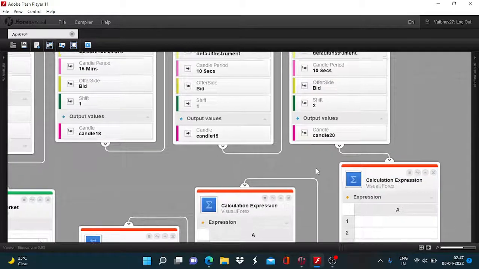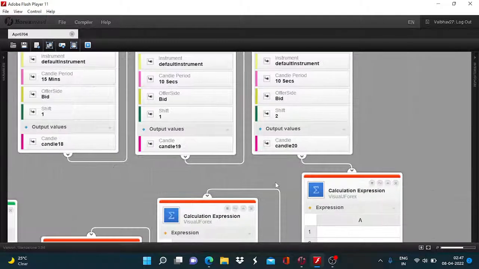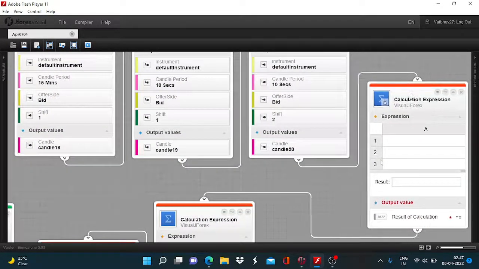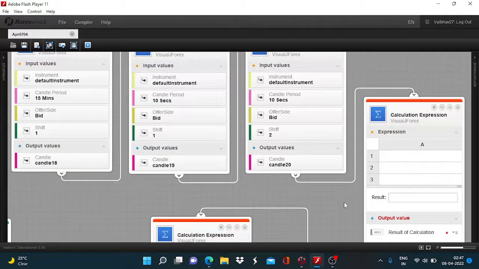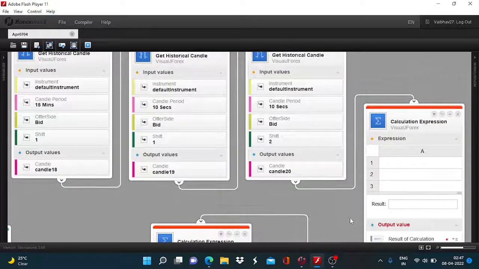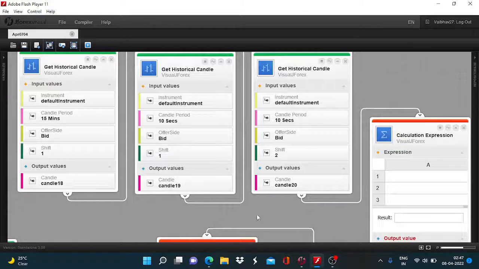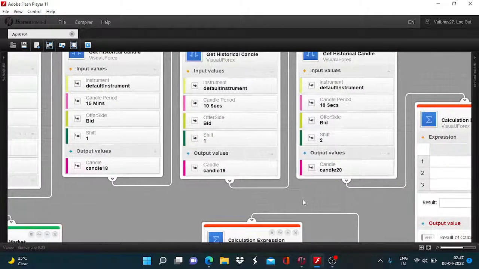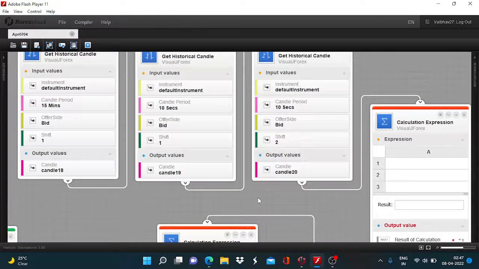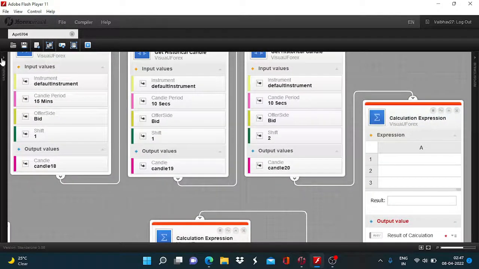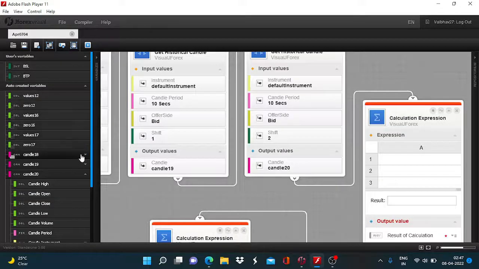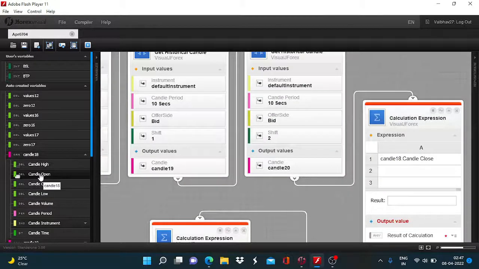Now, coming to finding out the actual difference, we have to consider the closing value and the opening value of candle 18. So for that, I'm going to take candle 18 candle close and deduct the opening price.